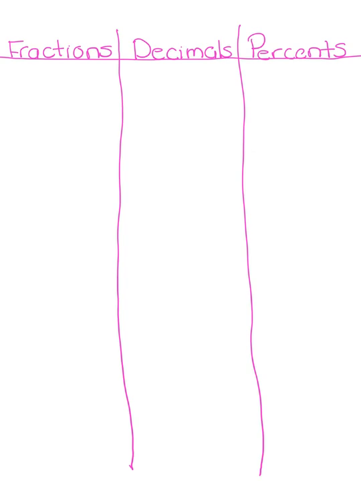In the first column, write down the fraction 1/4. Many of you have the decimal equivalent already memorized. But let's think back. How do we go from a fraction to a decimal? How does that process take place?